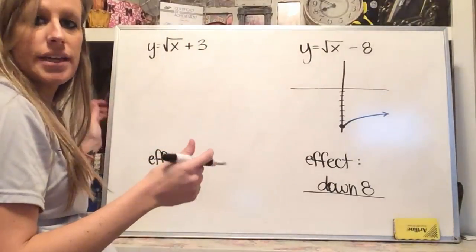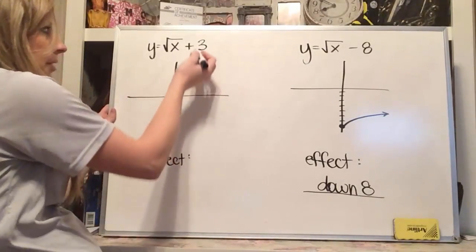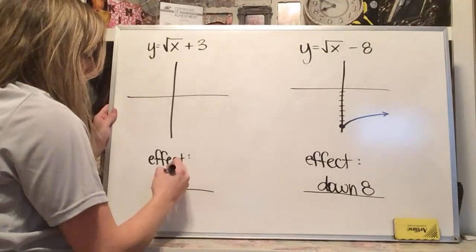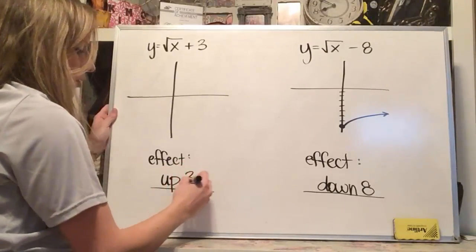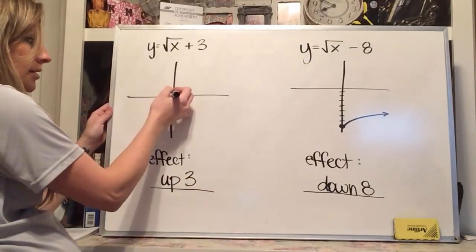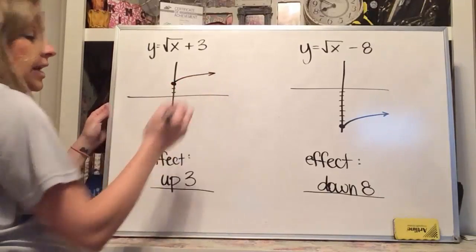The plus 3 is outside of the square root. So what's going to happen is my square root function is actually going to move up 3 units. So I'm going to take my vertex and I'm going to move it up 3. And I have my graph.